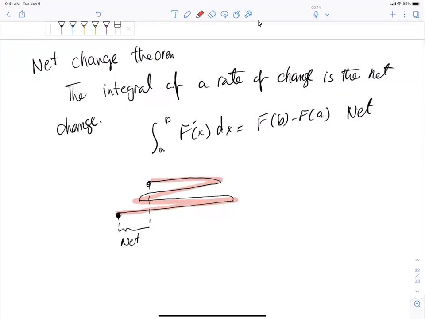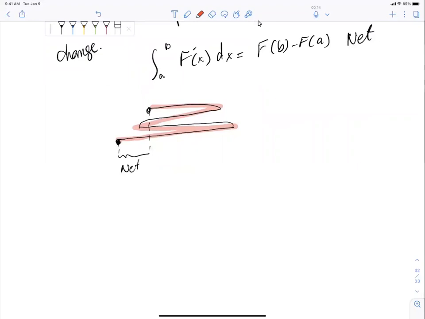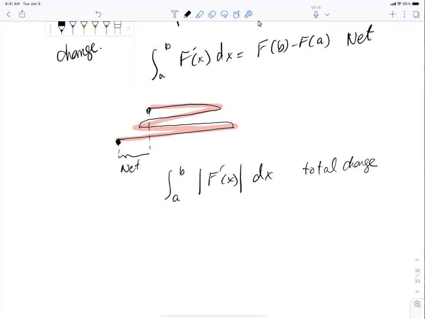That would be the total change, not the net change. So total change would be integrating the absolute value of f prime of x dx. That would be the total change. Total distance traveled, total amount. Net is just the displacement. Net is just the amount difference.